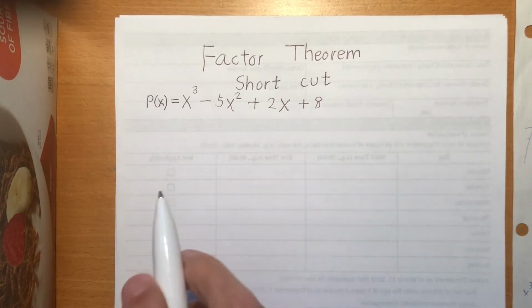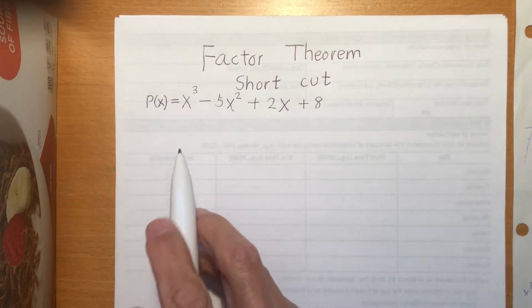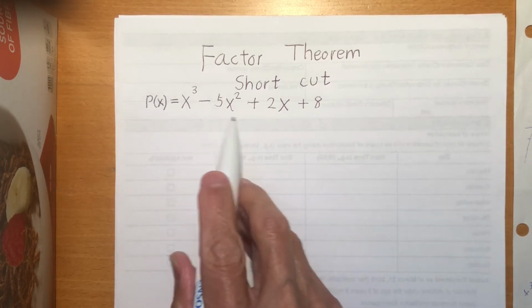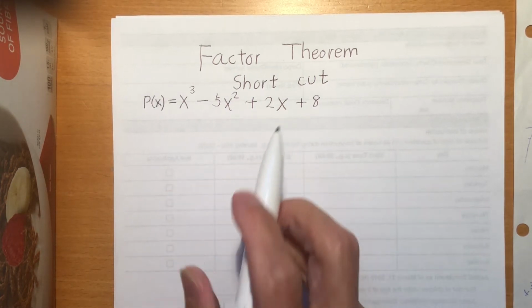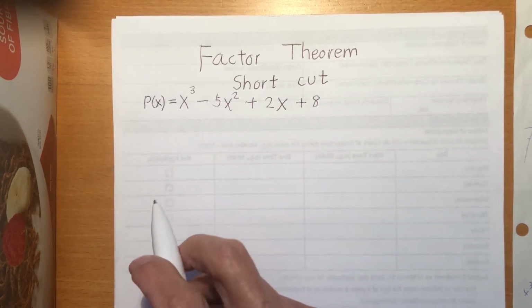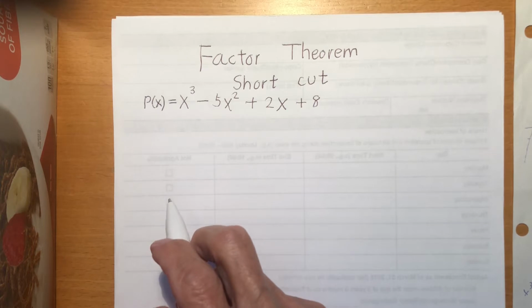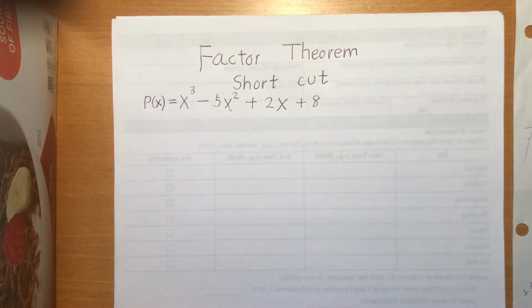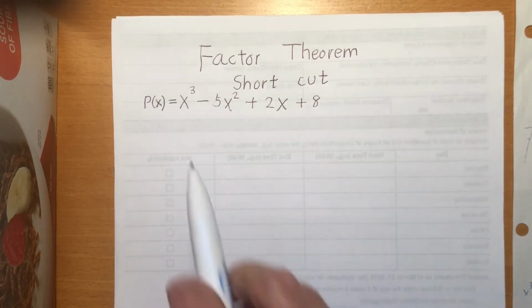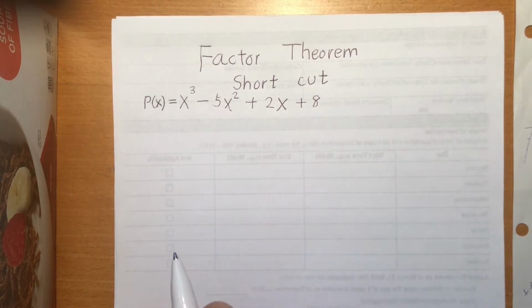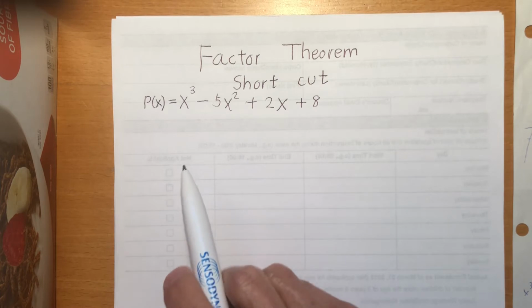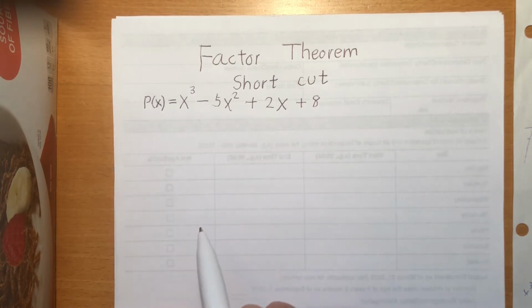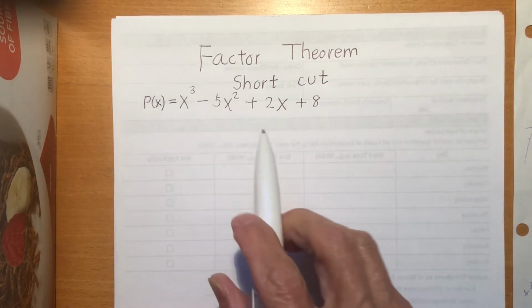The factor theorem tells us if we replace x by a number, and if the result is 0, then we have the factor. Let's try to replace x by a number. The trick, the shortcut is this. You use 1 to start with. So replace x by 1.